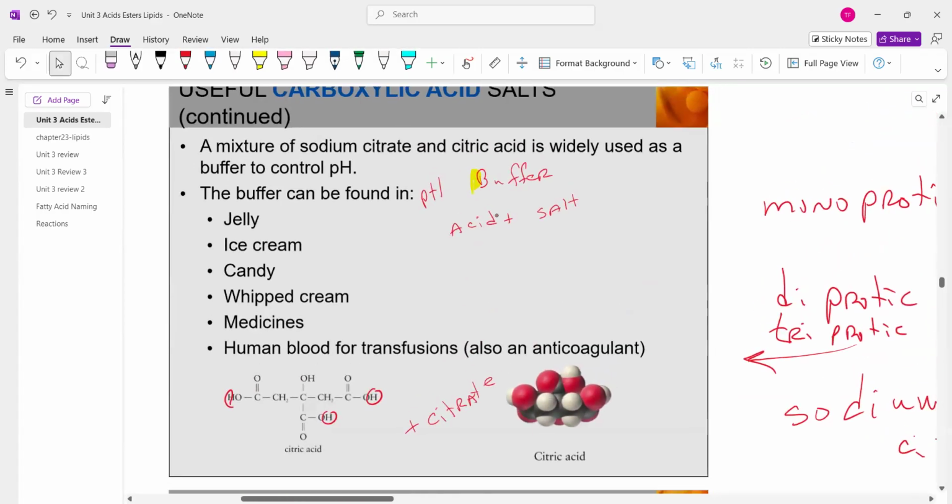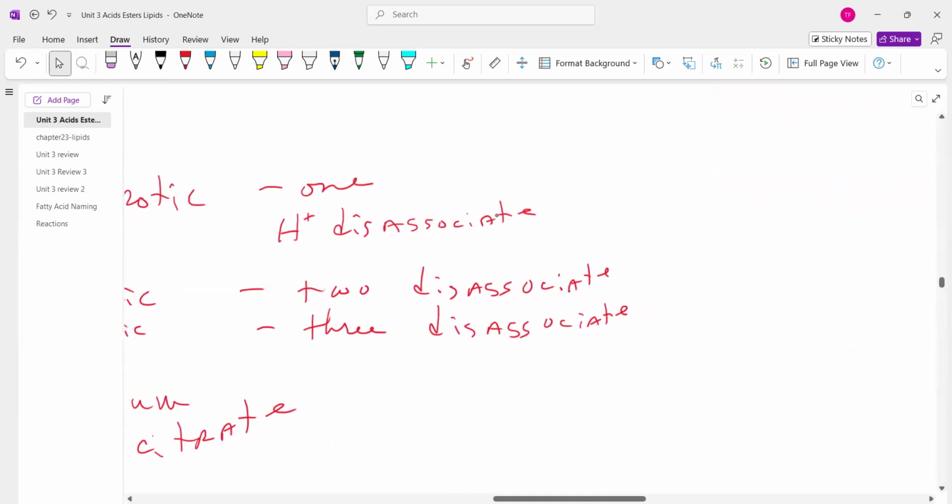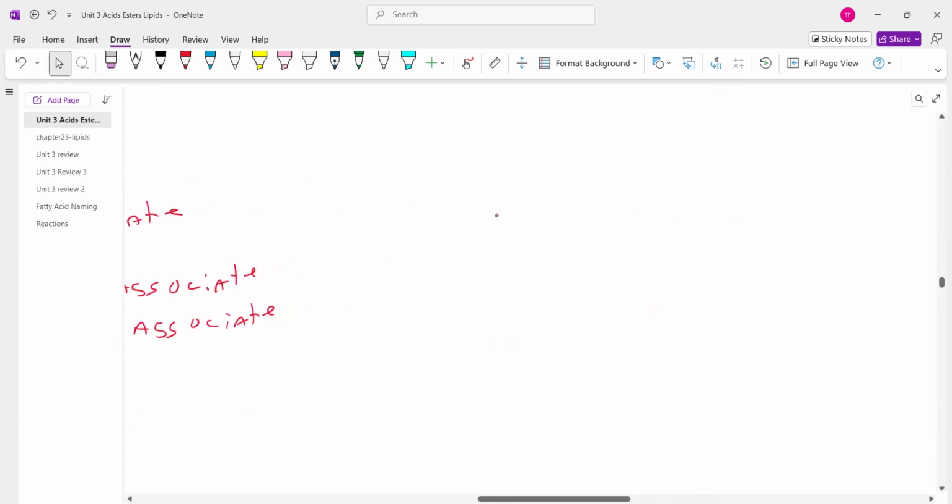Now, did you cover buffers in 305? I don't know about everyone else, but it was a while ago for me, so I don't really remember. Maybe if we go over it a little bit, it might jog.